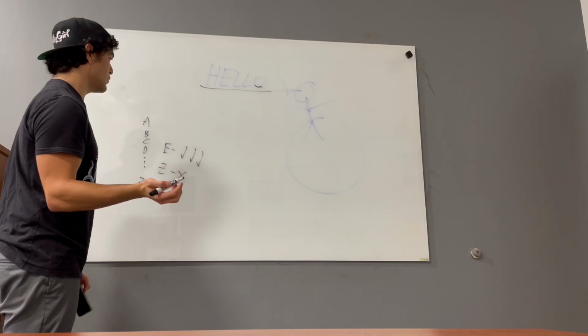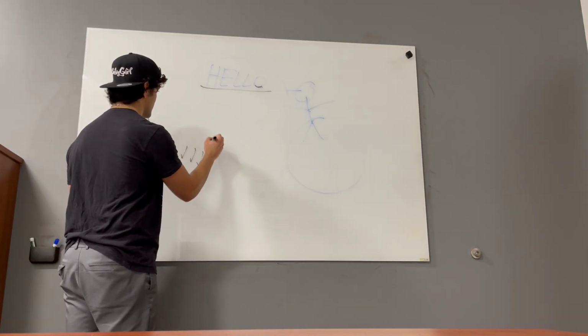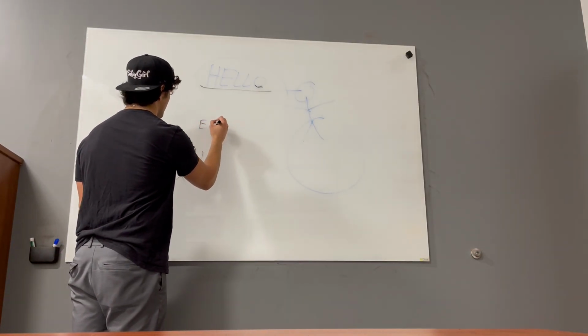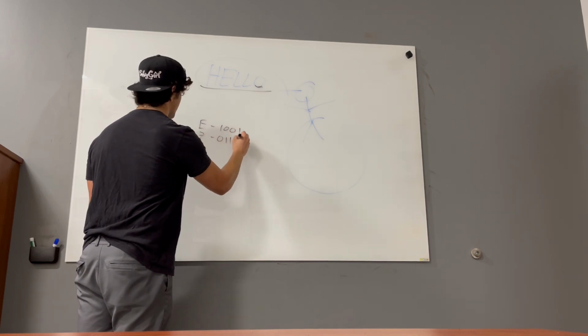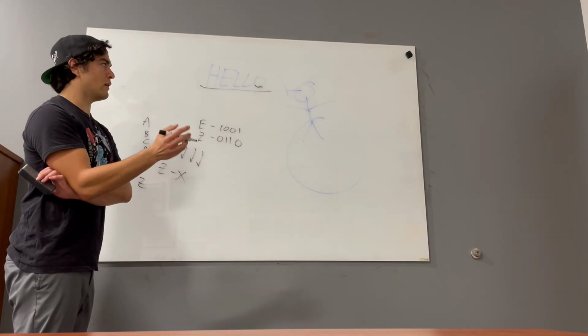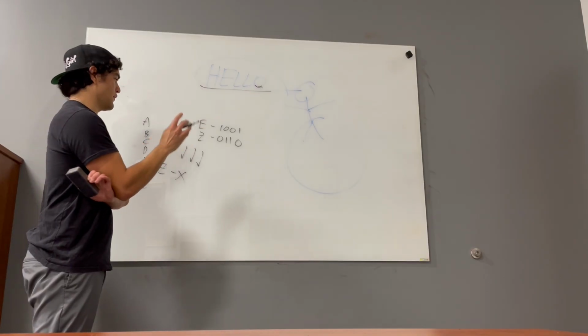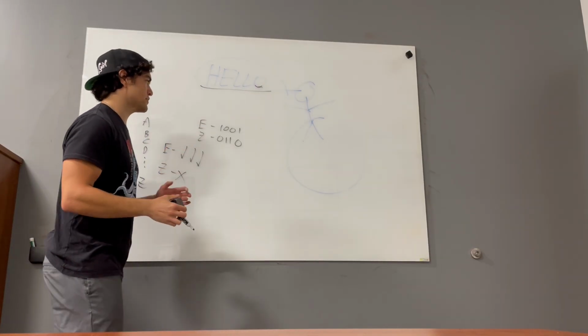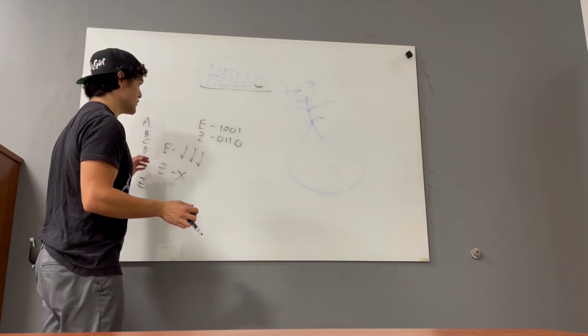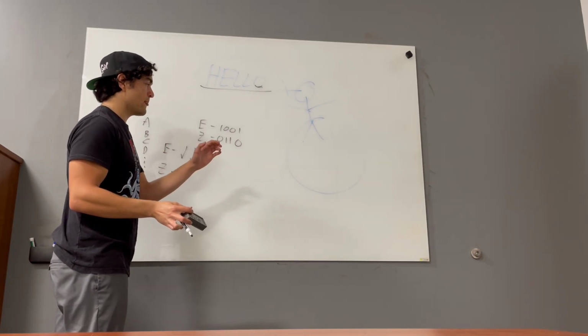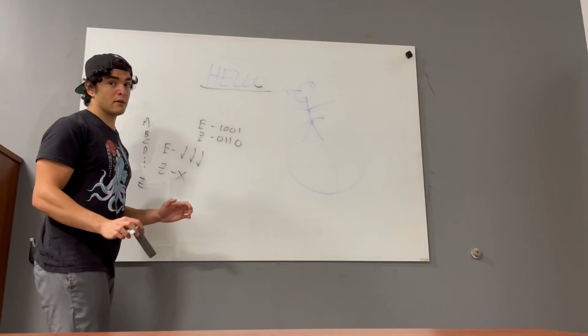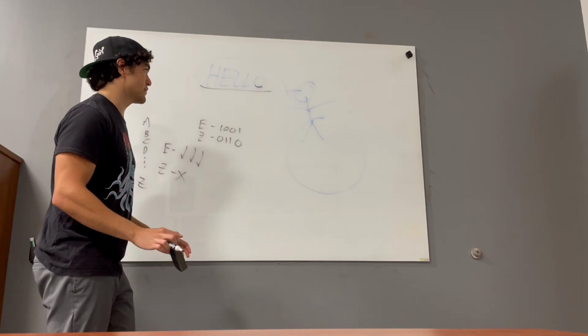So it wouldn't really make a whole lot of sense to have E be the same number of bits as Z if E occurs a lot more. So the idea is we want to somehow use this idea of knowing the frequencies to assign them a number of bits to minimize, on average, how many bits we're sending across per word.